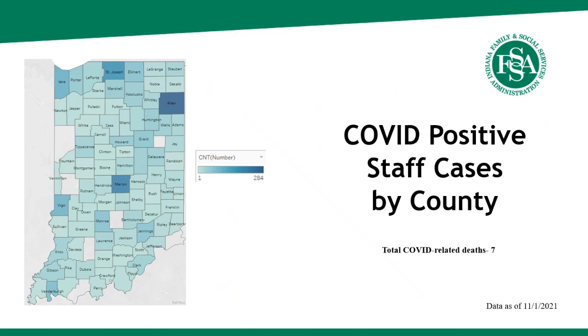This is COVID positive staff cases by county, and you can see the breakdown here of where the concentration of COVID positive cases are for staff. Again, this is staff reported per the State Department of Health order for direct care staff working in those congregate settings. Same numbers here, just with the darker counties reflecting the higher concentration of cases.